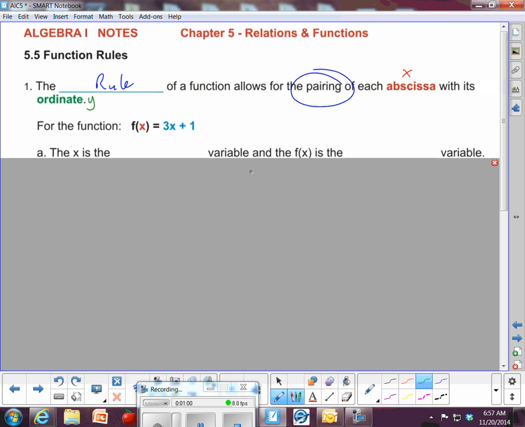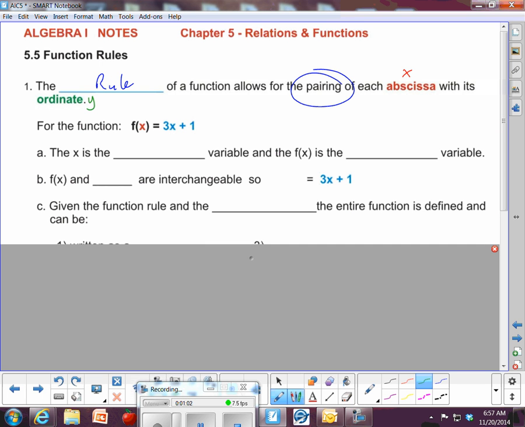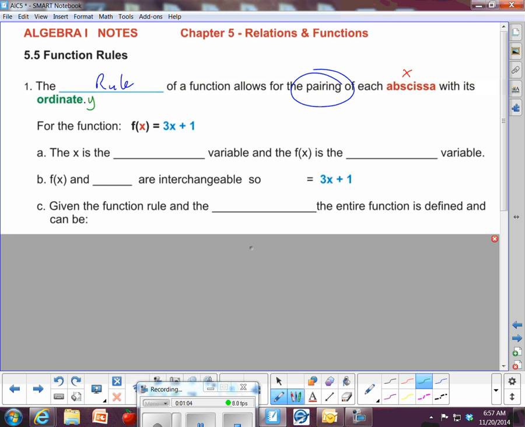All right, so let me reveal a little bit here and take a look at this function right here. f of x equals 3x plus 1. Again, just a reminder, f of x is short for a function of x, but generally in speaking, we just say f of x. Okay, so we've got f of x equals 3x plus 1.